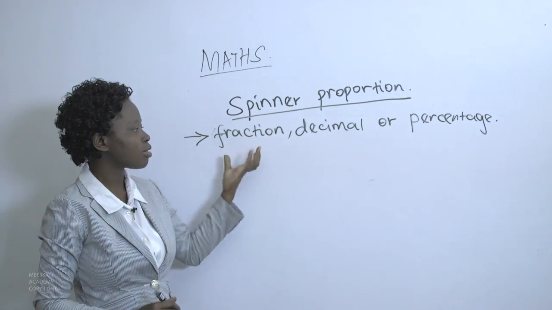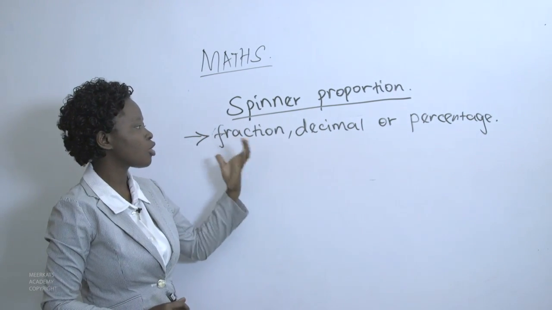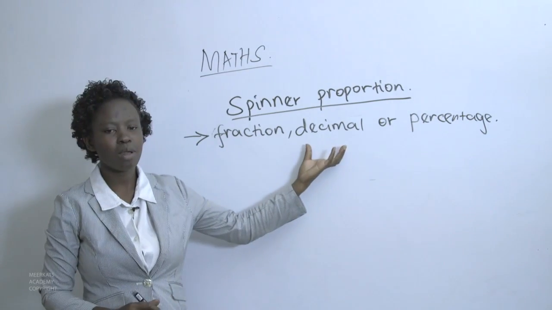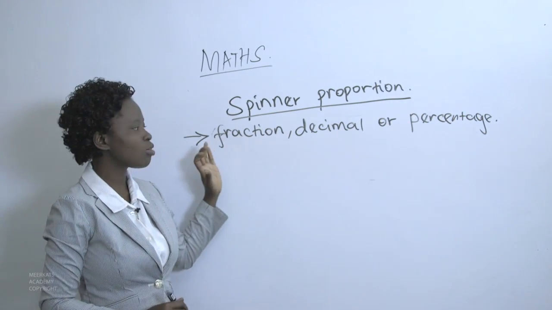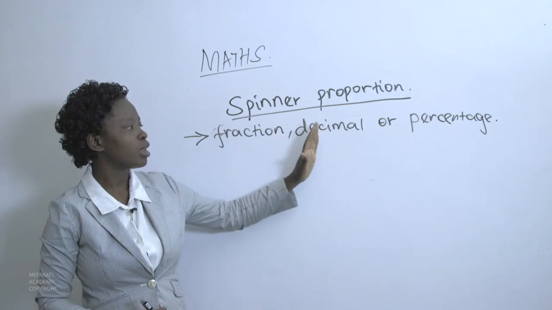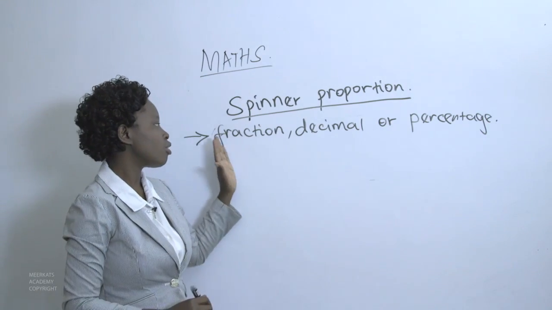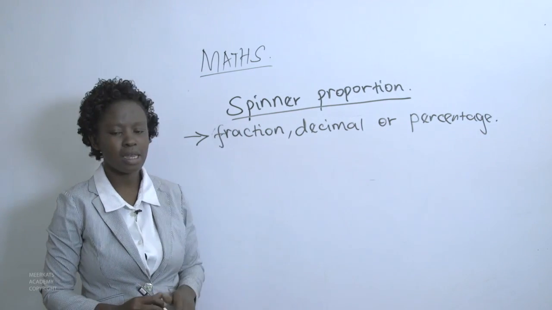So this brings us back to our knowledge of fractions, decimals, and percentages. It means we have to have the knowledge of fractions, decimals, and what a percentage is in order for us to go ahead and calculate.